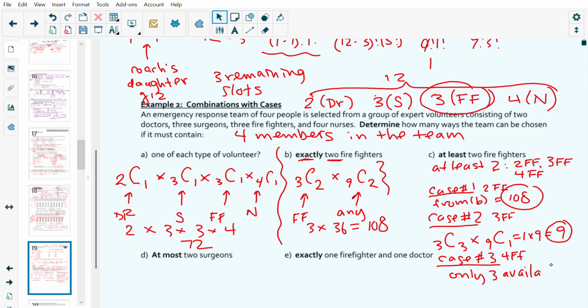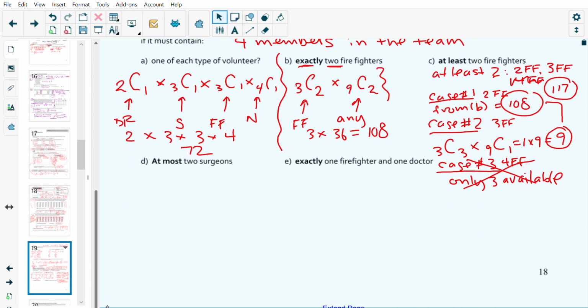Only 3 available, right? So there's no way to select 4 firefighters, so our answer would be the addition of those 2, that's 117. 117 possible ways to select at least 2 firefighters. So let me just scratch this out. It's kind of a trick question, there is no way to select 4 firefighters because we don't have 4 firefighters.